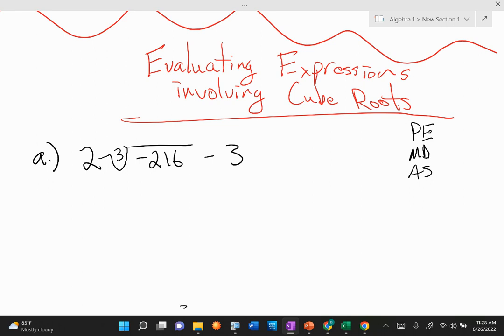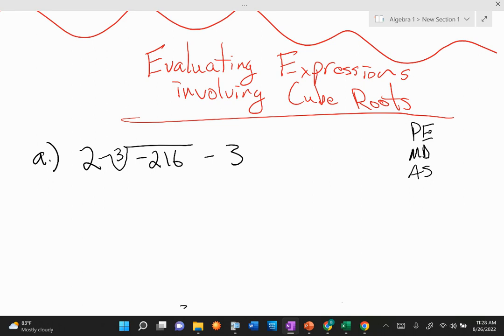So what do we need to do first? Are there parentheses? No. Exponents. Are there exponents? Yes. Technically, there's an exponent because before radicals kind of became a thing, radicals were actually put in the form of an exponent.